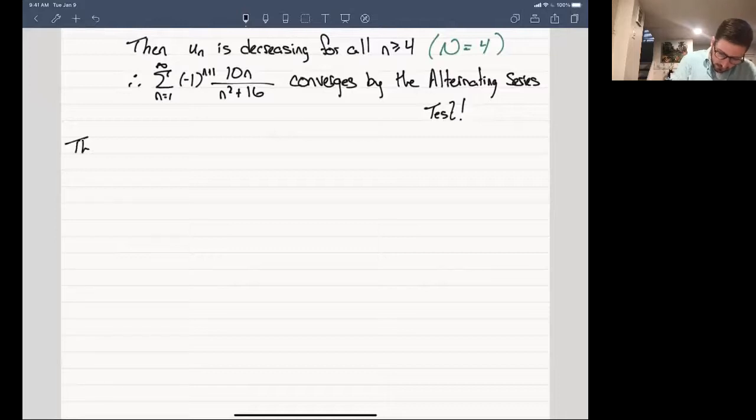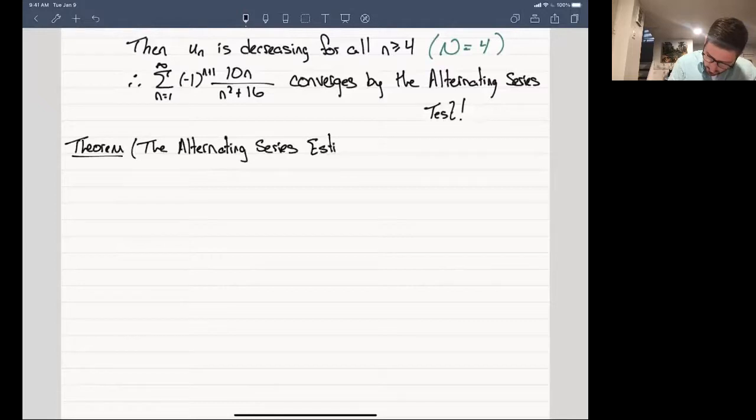So here we have another theorem, another result, and this is the alternating series estimation theorem.